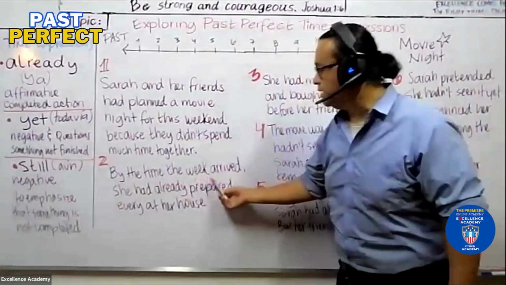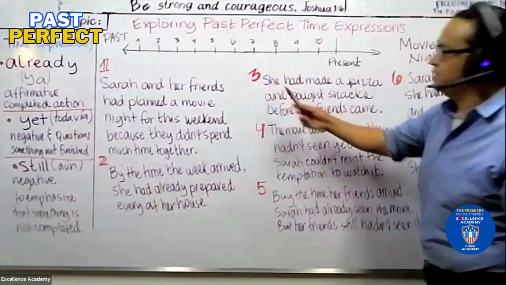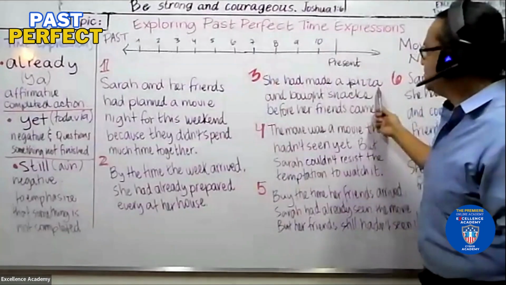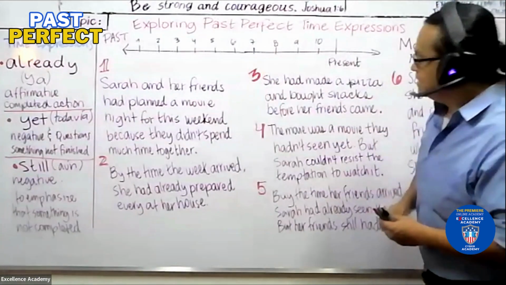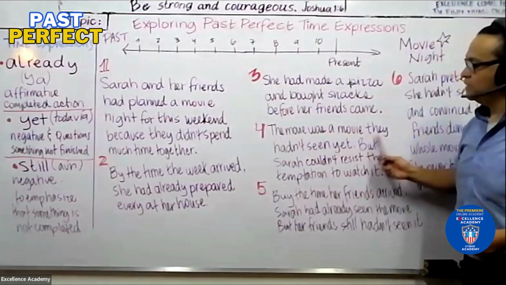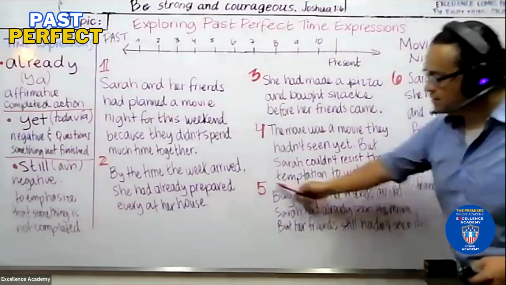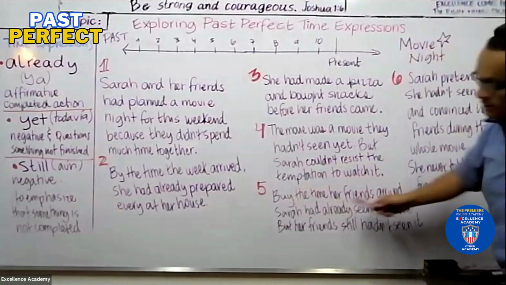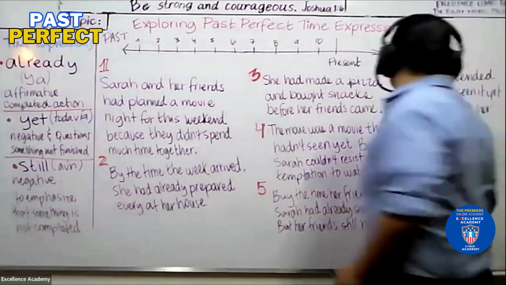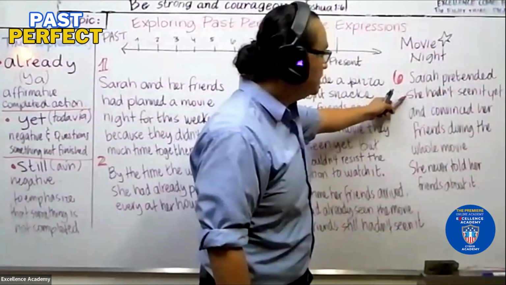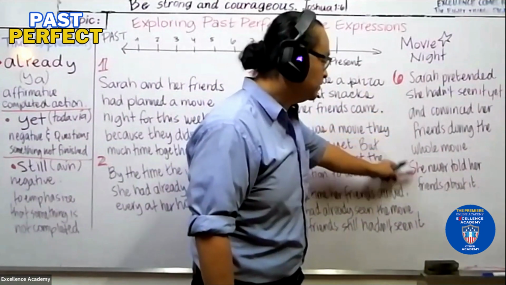By the time the weekend arrived, she had already prepared everything at her house. 3, she had made a pizza and bought snacks before her friends came. 4, the movie was a movie they hadn't seen yet, but Sarah couldn't resist the temptation to watch it. 5, by the time her friends arrived, Sarah had already seen the movie, but her friends still hadn't seen it. 6, Sarah pretended she hadn't seen it yet and convinced her friends during the whole movie. She never told her friends about it.